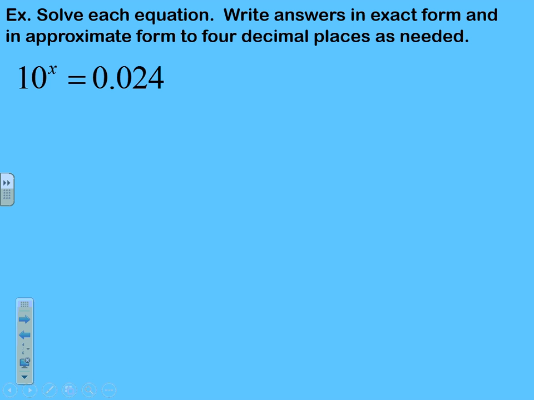Well, here is an example of where that strategy breaks apart, because we have a base of 10 on the left side of the equal sign, and a base of 0.024 on the right side. It's not going to be very easy to convert 0.024 into a base of 10 like we could if the right side of the equal sign was 1,000 or 100,000. We could convert that to a base of 10 relatively easily.